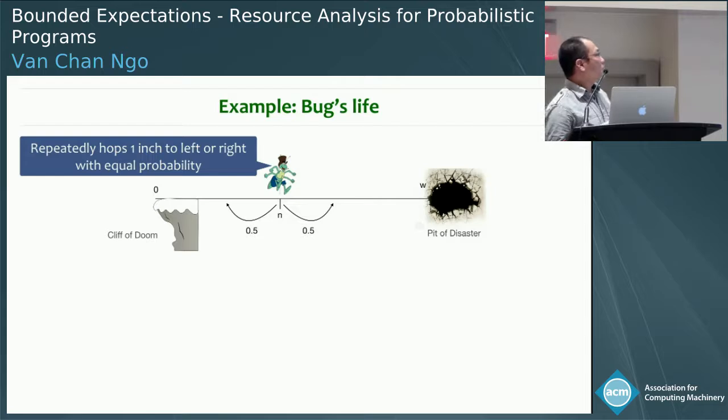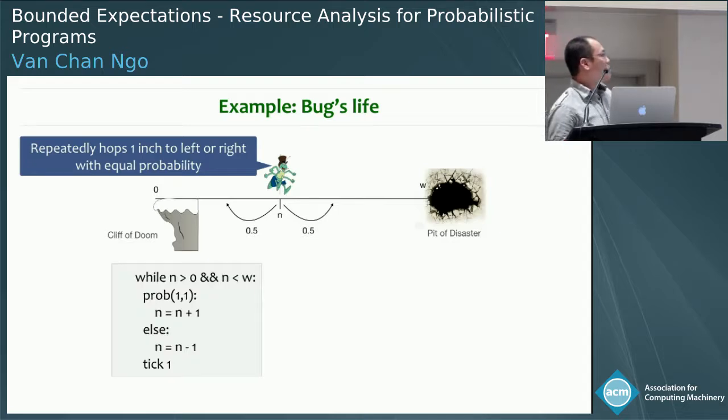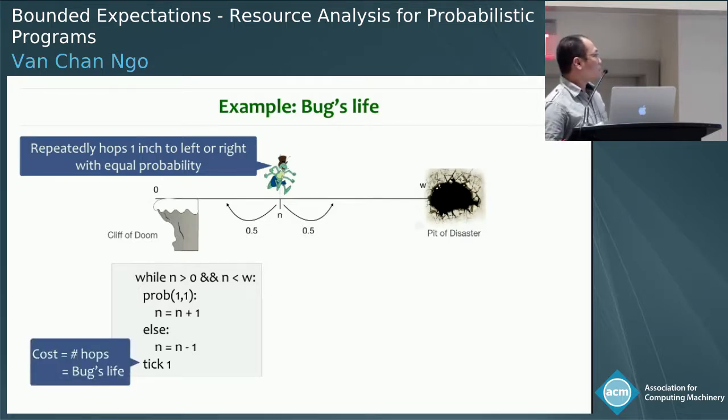The bug will repeatedly hop one inch to the left or right with equal probability. We can implement this example as a loopy probabilistic program like this. And we are interested in the lifetime of the bug, that means the number of hops in the loop here.